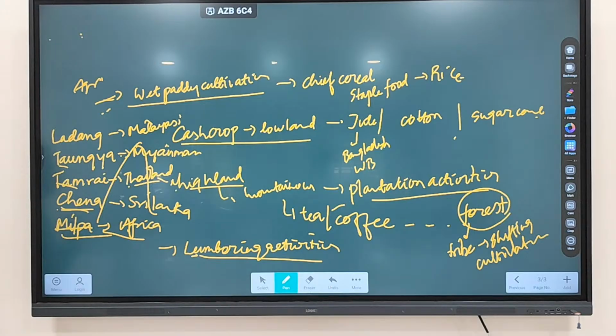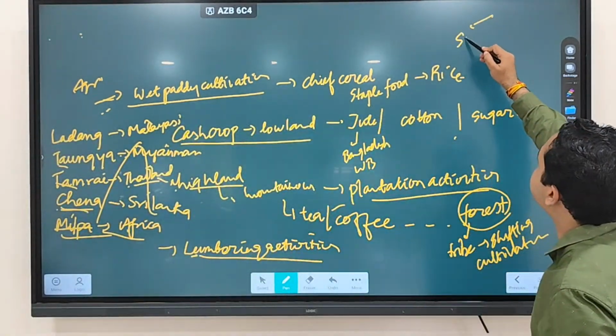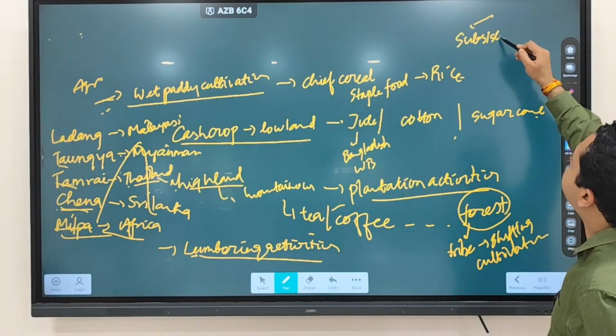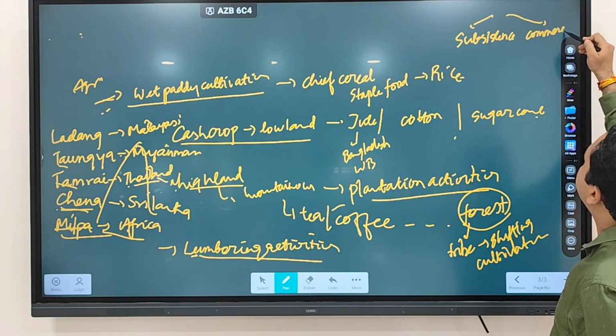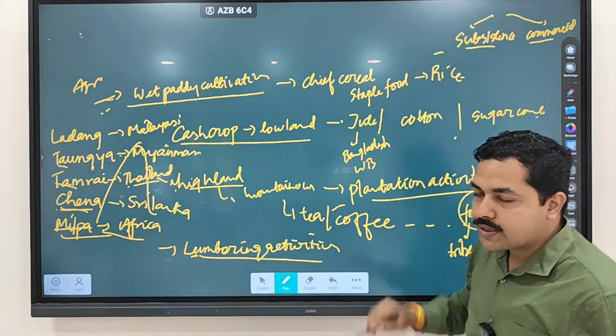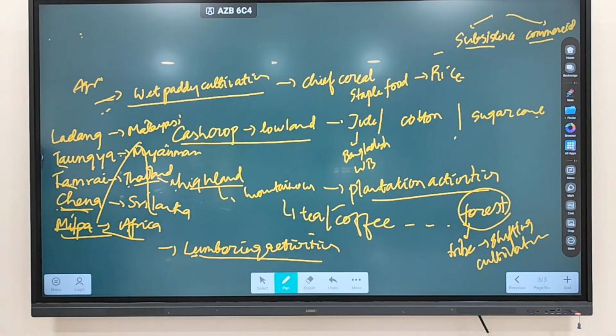Also remember there are two different types of farming. One is called subsistence farming, another is called commercial farming. What is subsistence farming? A type of farming where whatever you are producing, you are consuming.